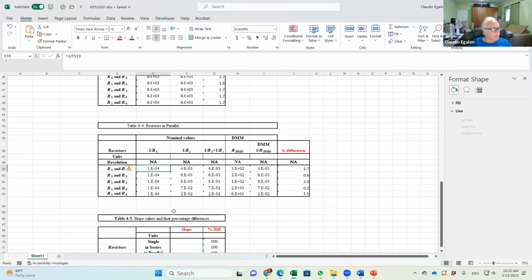Inverse of resistance, resistor number 1. Here we have the inverse of resistance number 2, 3, 4, 5, and 6. We are getting resistance 1 and 2 in series, 1 and 3 in series, and so on. Then we sum them, that's the summation, according to what we covered in class, right?